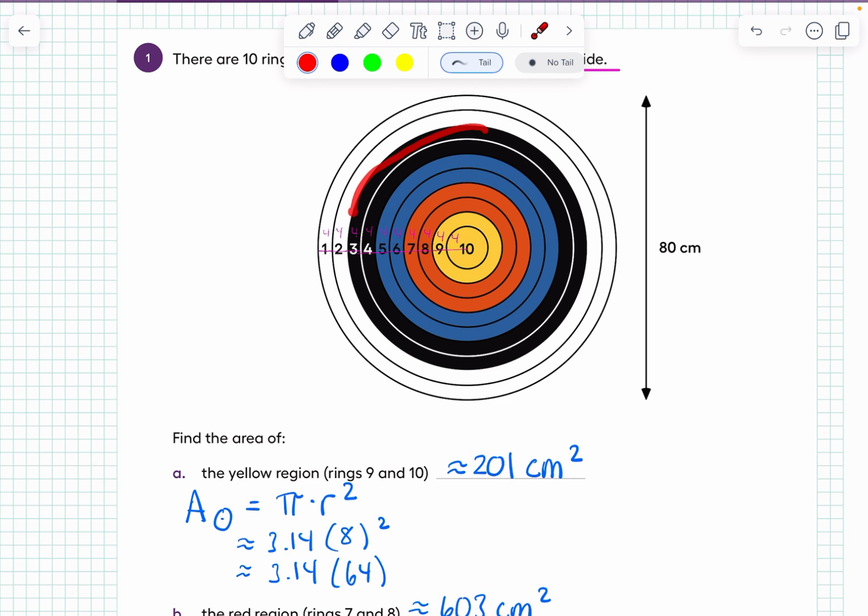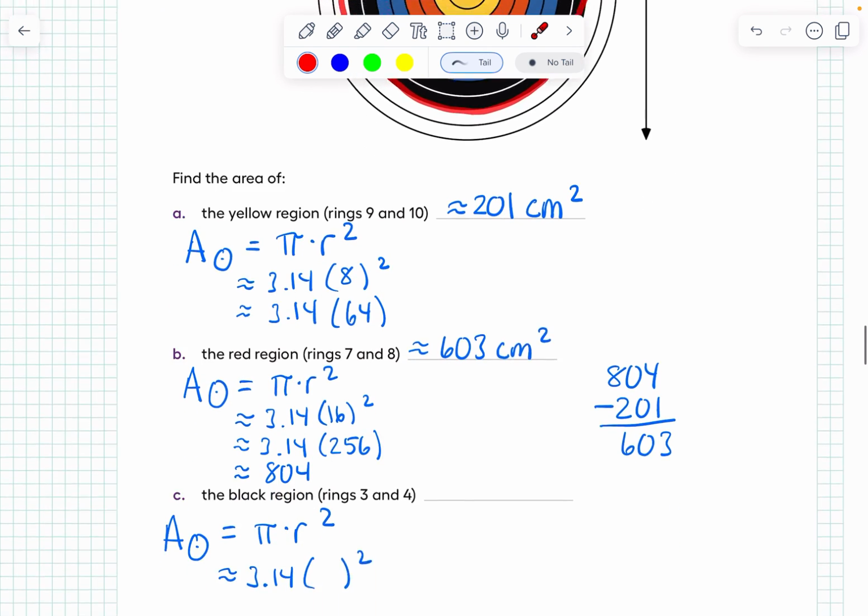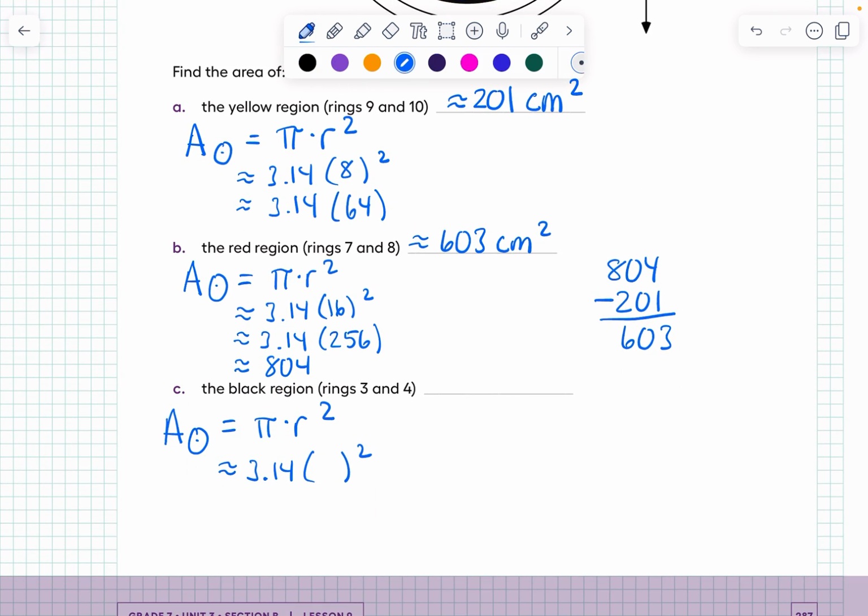So taking a look at this outside black ring, the radius would be that 4. I'm going to count how many times I go inside, okay? Because then we're just going to times it by 4. So I got 1, 2, 3, 4, 5, 6, 7, 8. So 8 times 4 would be 32. So the radius would therefore be 32.